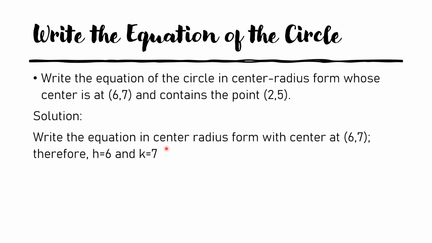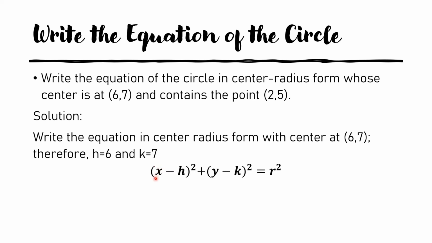Now, since na-solve na natin yung radius natin kanina, which is square root of 20 or yung 2 square root of 5, we can now plot our center on the center-radius form. Yung center natin na (6, 7), therefore, yung h natin is equal to 6 and yung k natin is equal to 7.